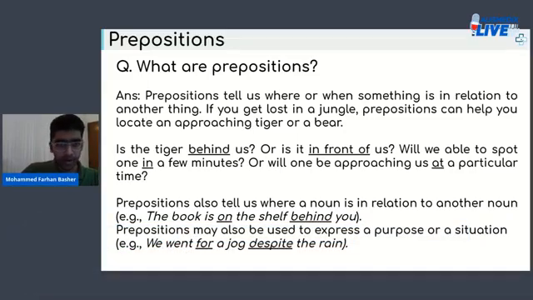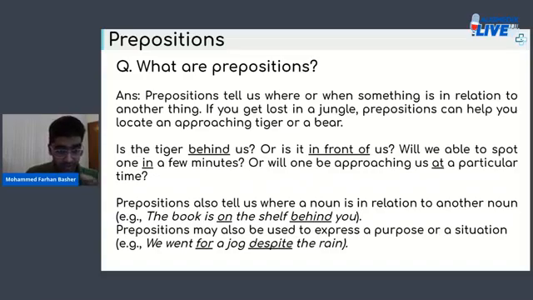Okay. All right. Now getting back. Prepositions also tell us where a noun is in relation to another noun. The book is on the shelf behind you. So when you want to talk about a noun and relate it to another noun, you may have to use prepositions to do so.